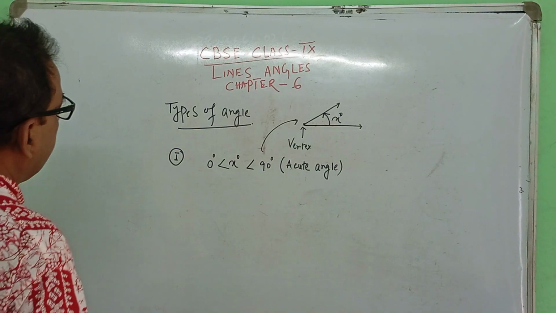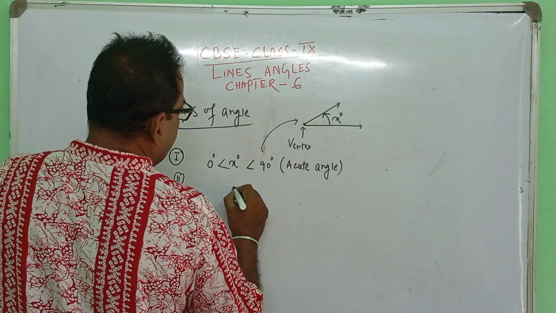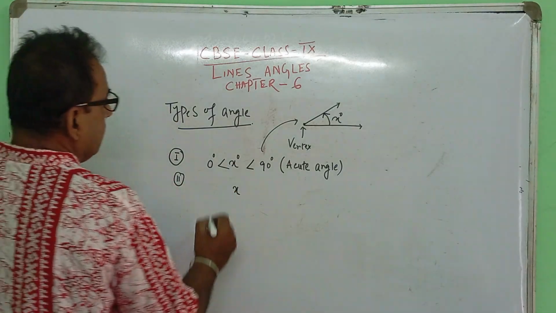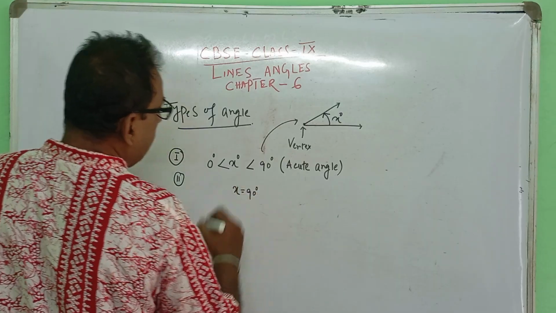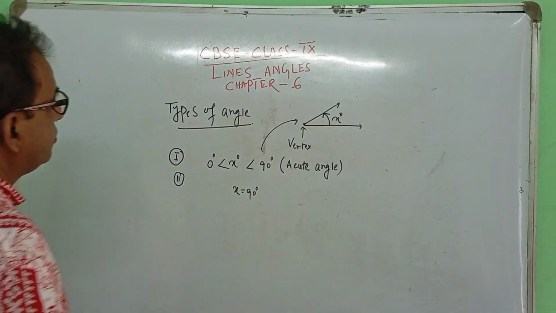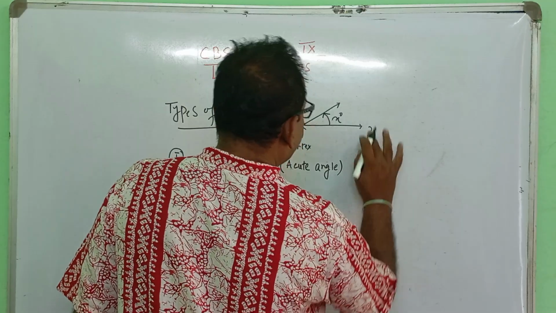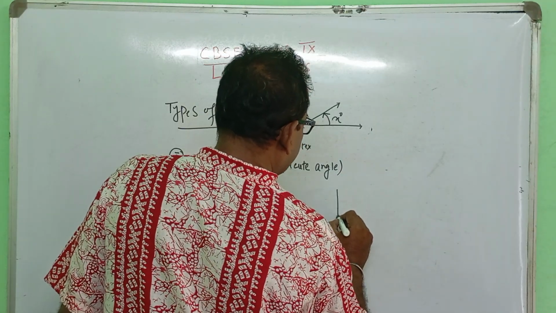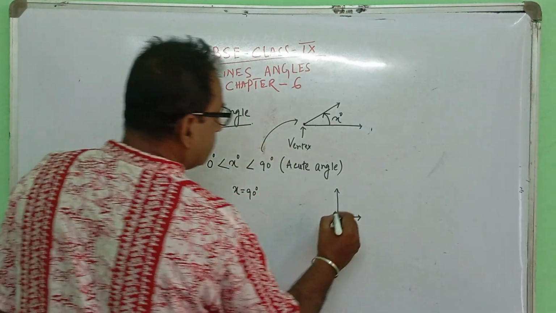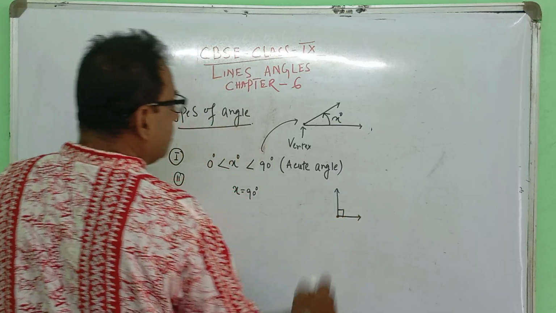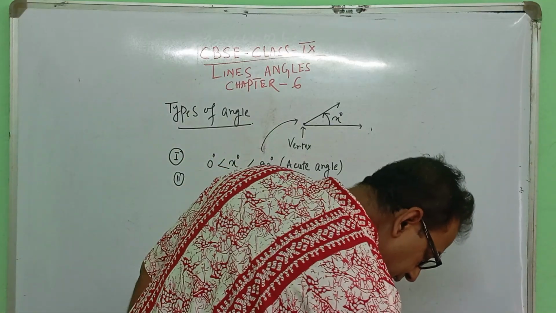Okay. Now the second thing is that x is equal to 90 degree. That is, what type of angle is this? And we represent it with this sign.